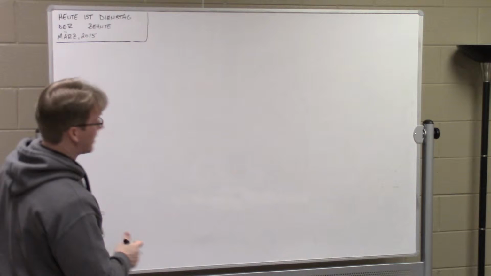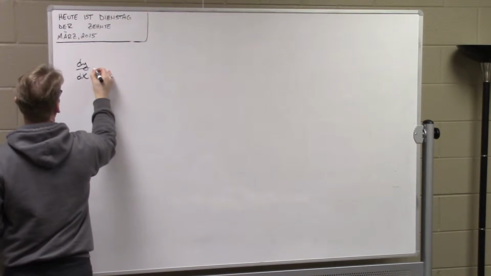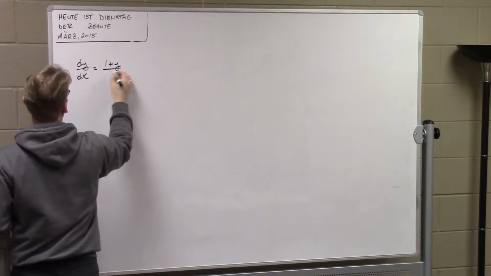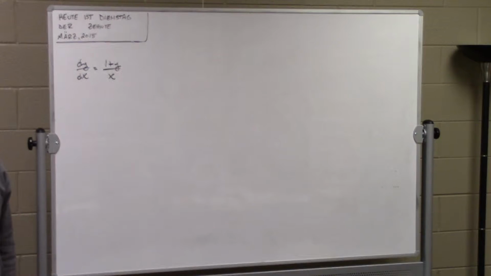So let's see, our dy/dx was 1 plus y over x. And it's very difficult to look at this and know that that's just a line. Actually an absolute value, but it looks kind of linear when you graph it.